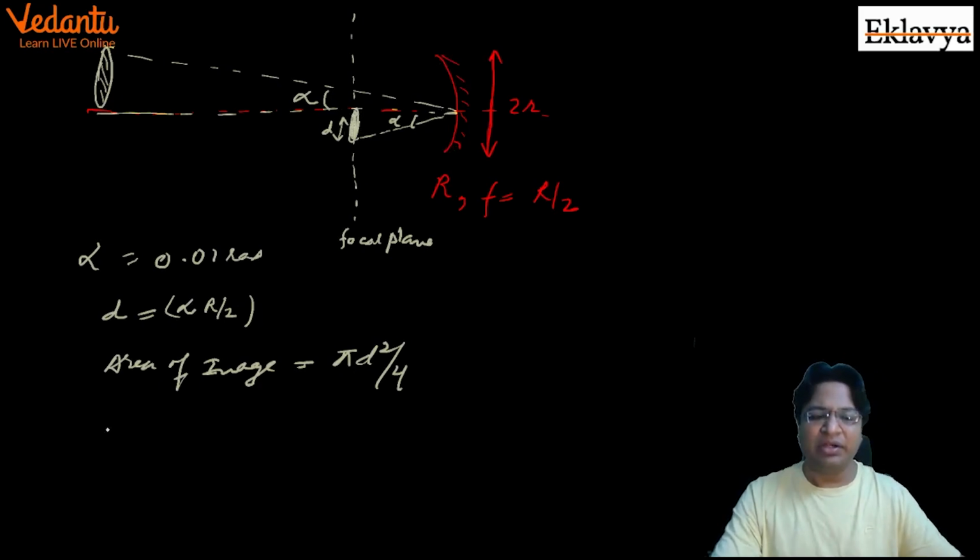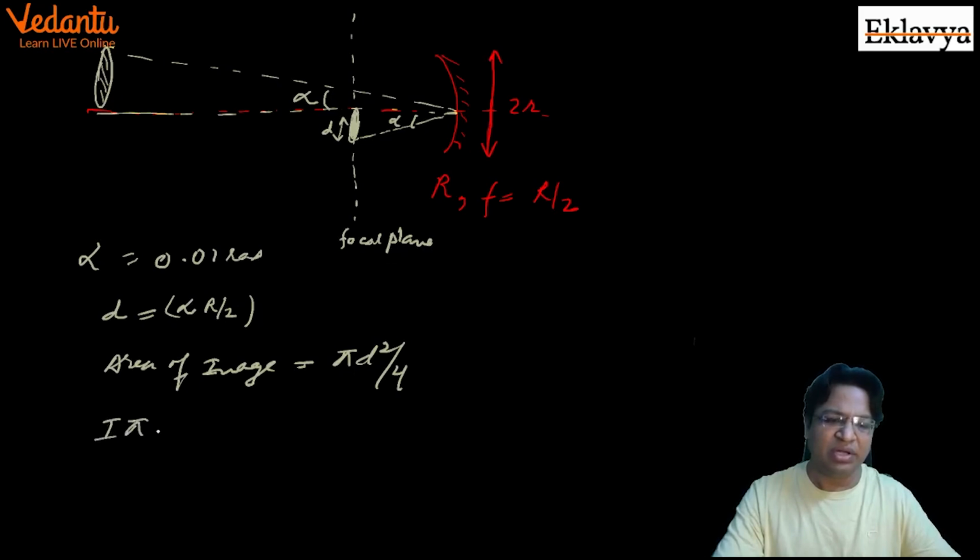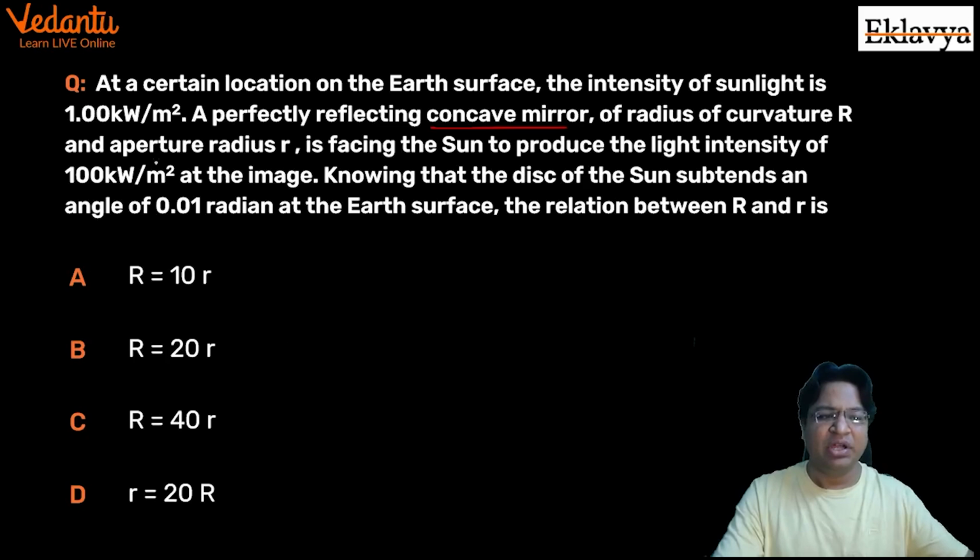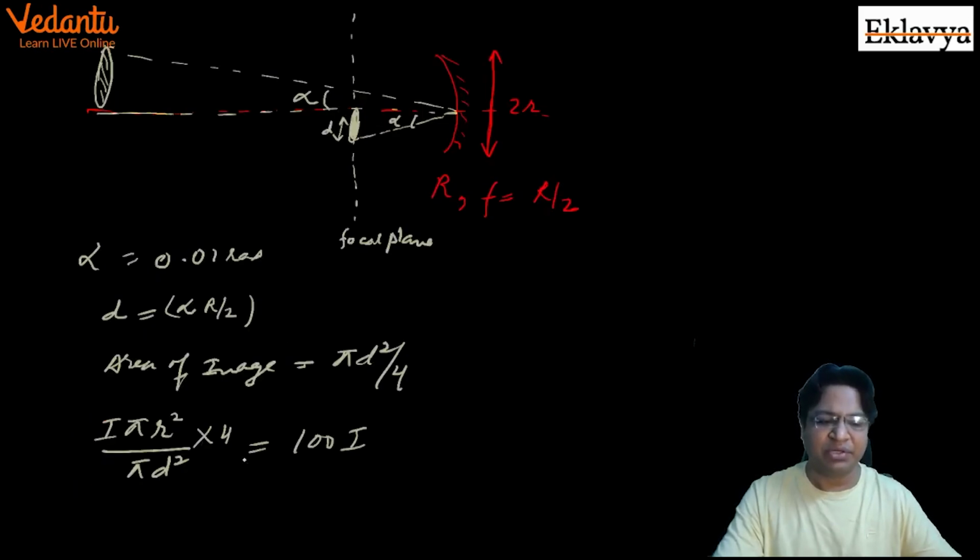The light received by the mirror will be given by the original intensity times the aperture area. So this is the power received. Now this power gets concentrated in an area of pi d square by 4. So this becomes the new intensity, which is 100 times the previous intensity. As you can see, an intensity of 1 kilowatt per meter square became 100 kilowatt per meter square. So this is the equation that we want to solve.